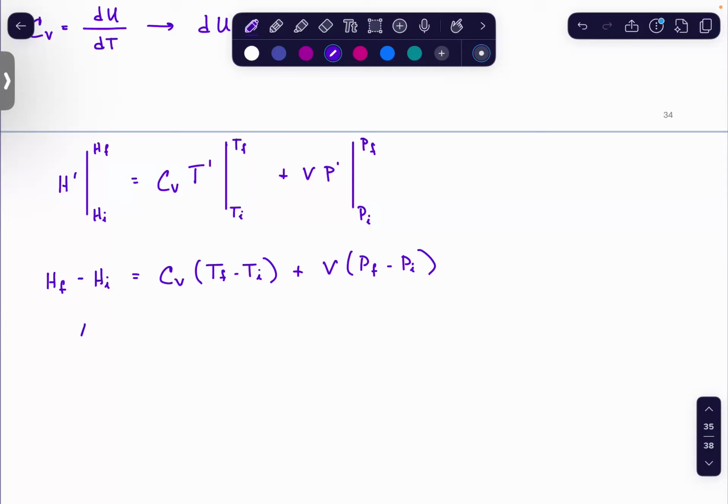So we're going to get our delta H equals our heat capacity, delta T plus volume, delta P. We could leave it this way.